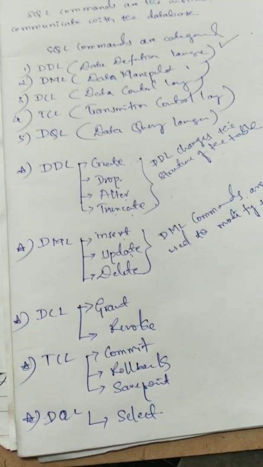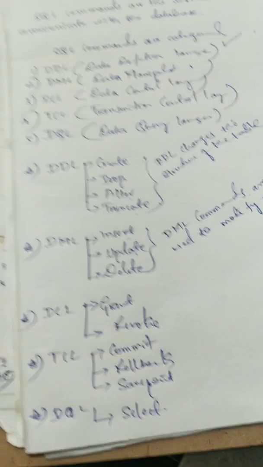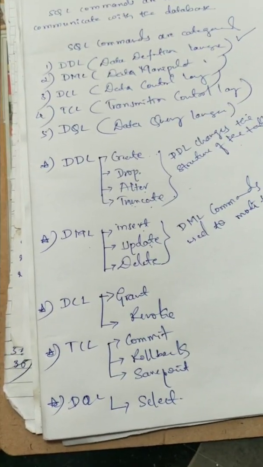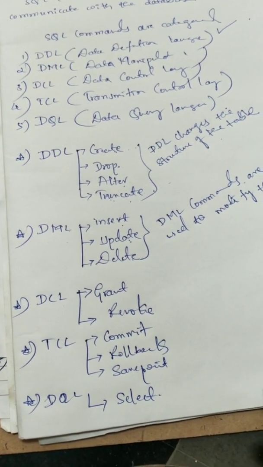Now if you come to the DCL, data control language. What is data control language? Data control language commands are used to grant and take back authority from any database user.